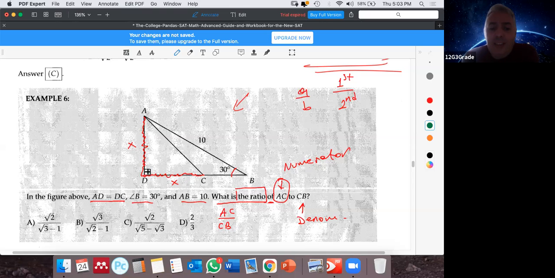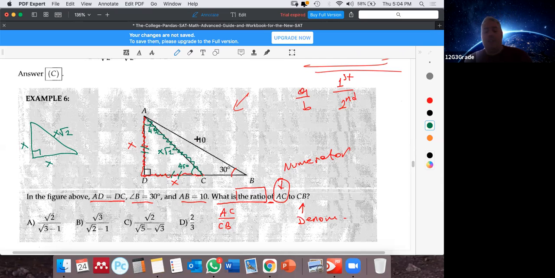When this is 90 degrees, and if two sides are equal to each other, can I say that this is 45 degrees, this is 45 degrees? That means this special triangle I have here is x, x, x root 2. I mean, this side, which is opposite of 90 degrees, is x times root 2.